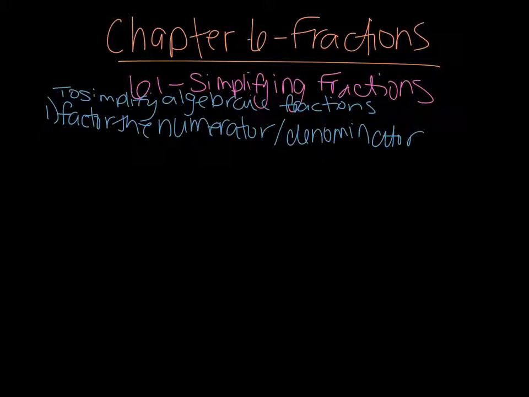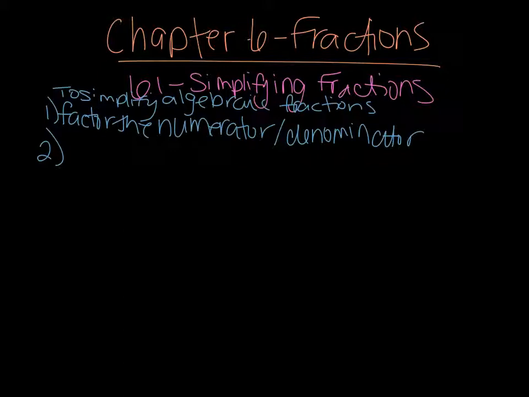Now, sometimes this is going to be really easy. Sometimes all you'll have to do is factor out the greatest common factor. Sometimes it's going to be a little more difficult. You're going to have to do a little bit of work. And then other times, it's already going to be factored for you. You don't have to factor it at all. But the first thing we have to do is make sure the numerator and denominator are factored completely.